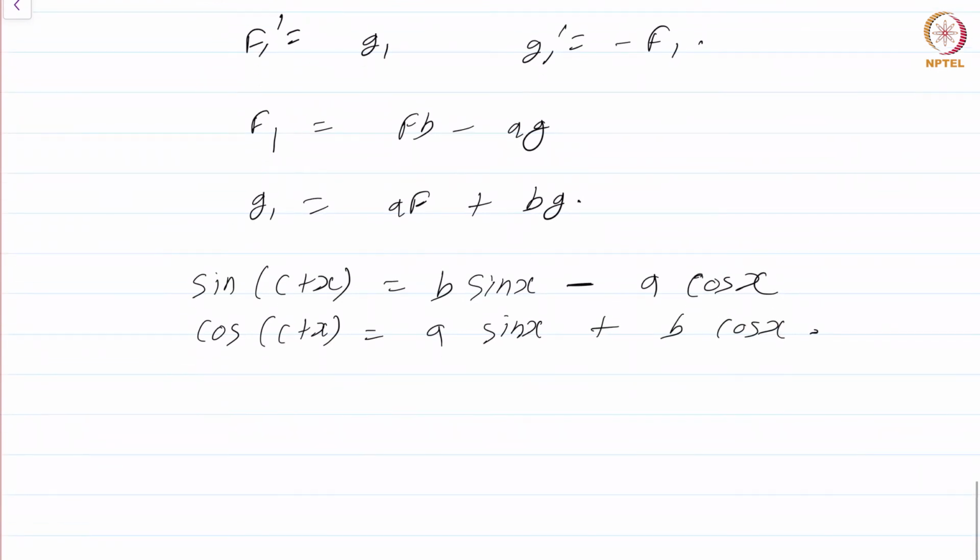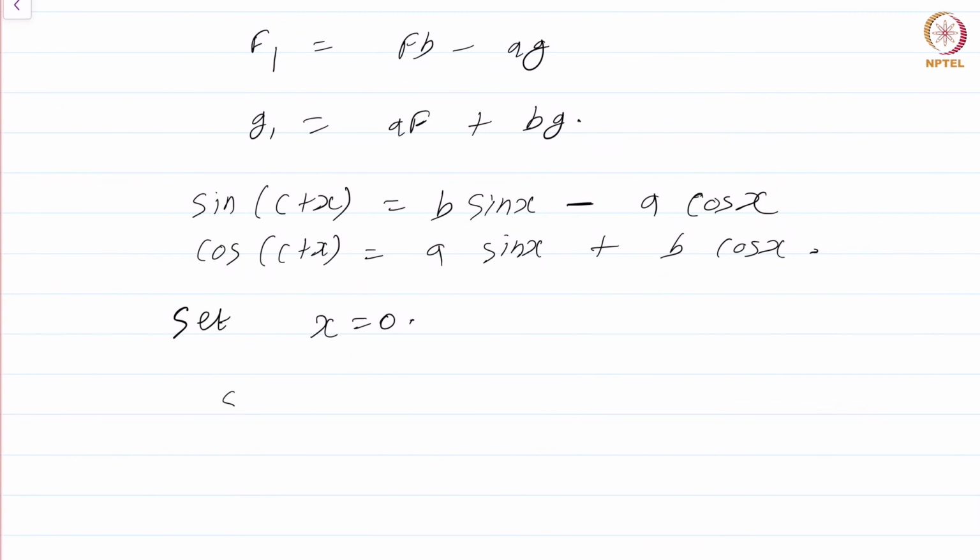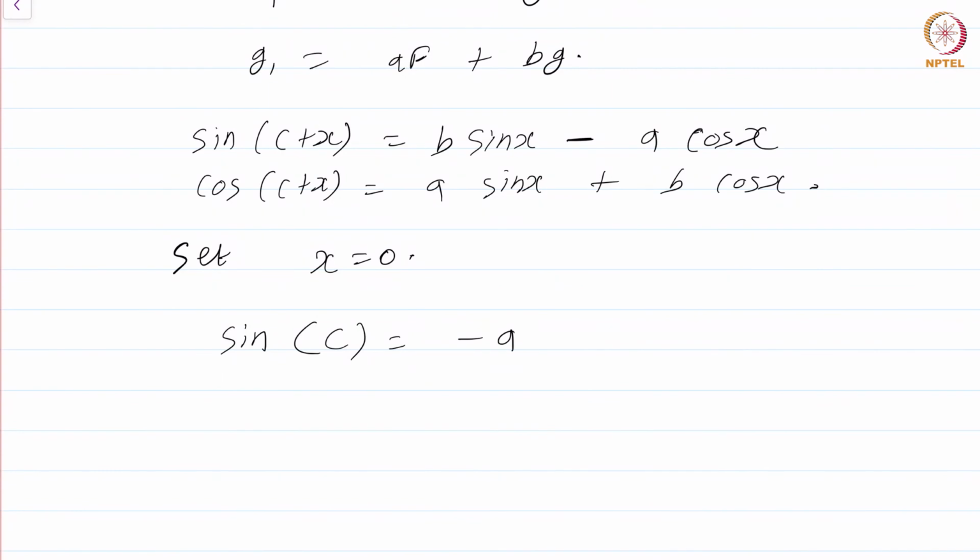Now what we do is set x to be equal to 0. What we get is sine of c is equal to minus a, and the second equation gives us cos of c is equal to b, just by setting x equal to 0.